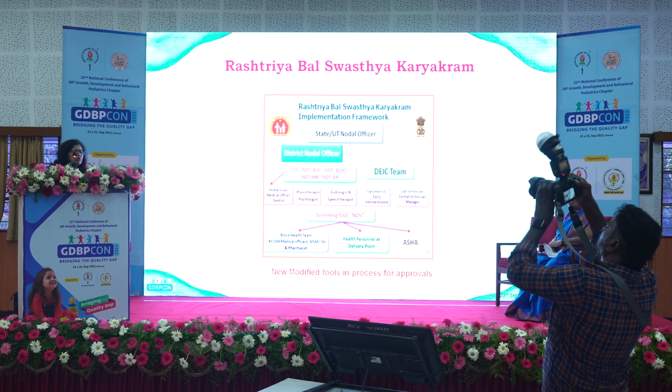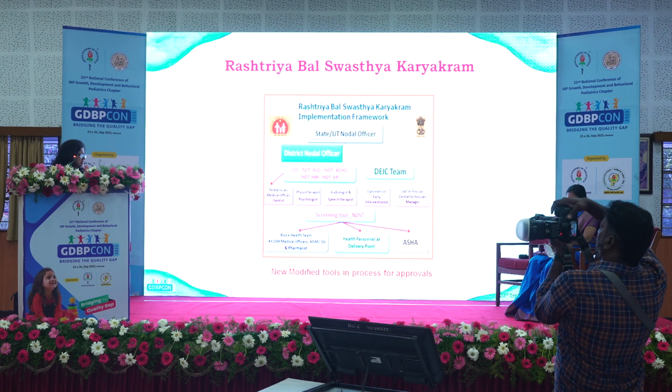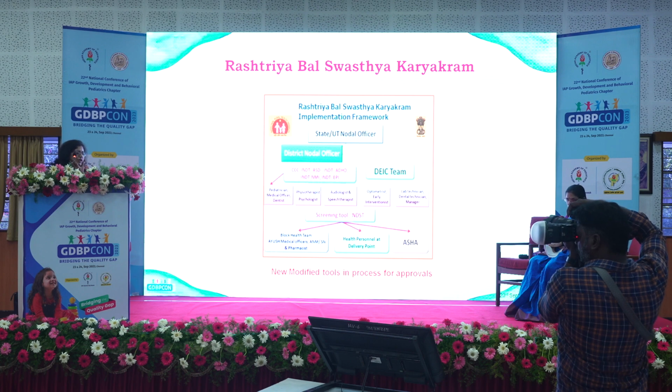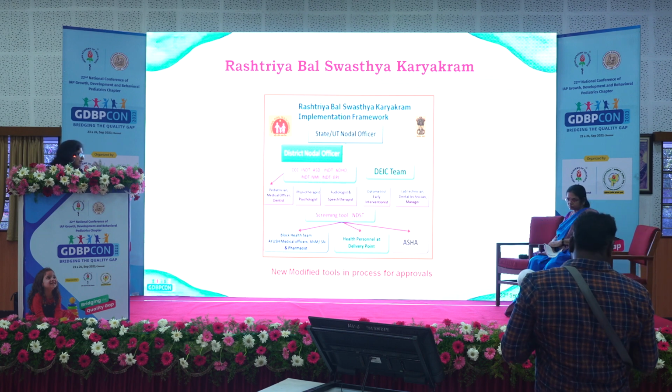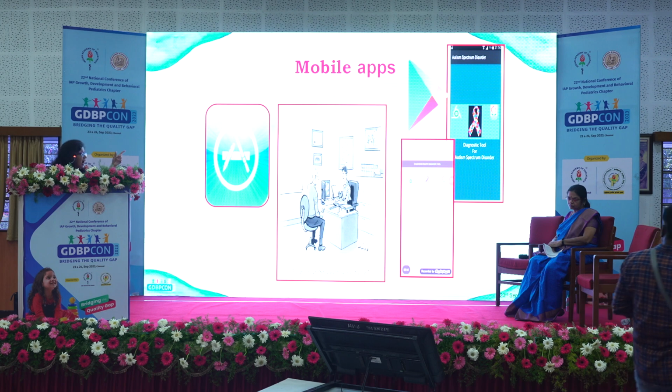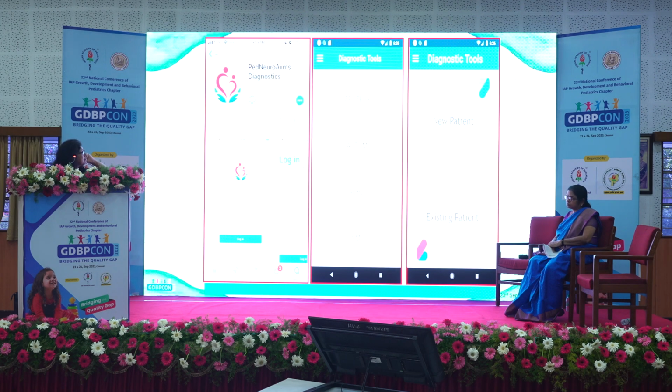The old INCLIN tools are being used in the RBSK and were used for the Gazette for ASD certification. That is being replaced by the AIMS modified INCLIN tool. Now, how is technology coming in? There's an app now, PedNeuroAIMS Diagnostics, which is freely available on the Google and Apple Play Stores, in which all these 4 tools are put inside, and you can put in the age of the child, and age-sensitive questions will come up.